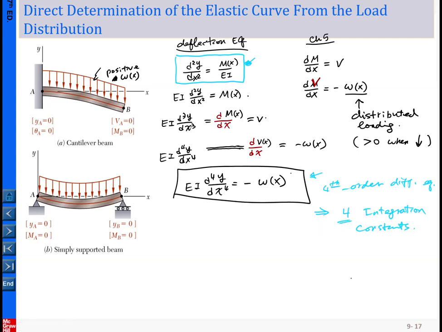Then you need to come up with the four appropriate boundary conditions. That is the case we're going to learn in this chapter, and how we identify the appropriate four boundary conditions to solve for this one.